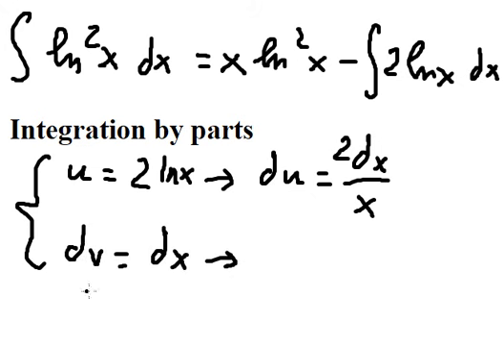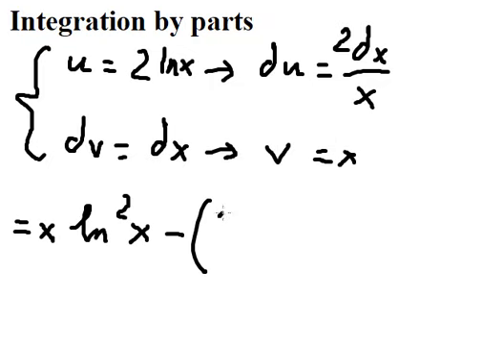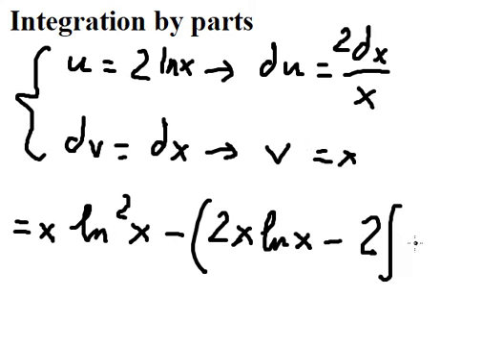The integration of this one, we have v equals x. So for this one, we have u multiplied by v minus the integration of u multiplied by v. x and x, we simplify.